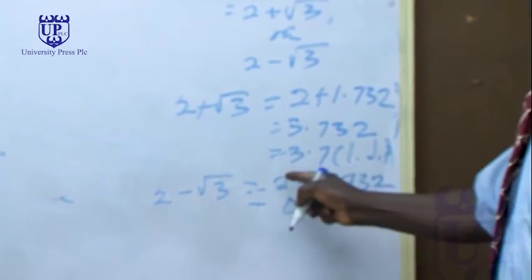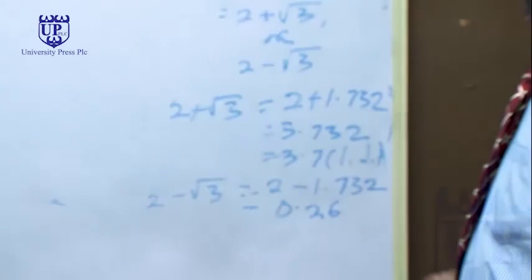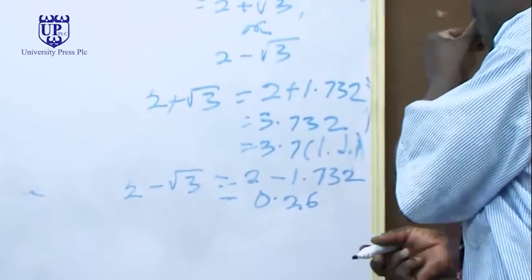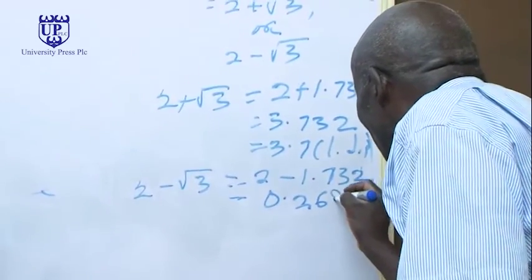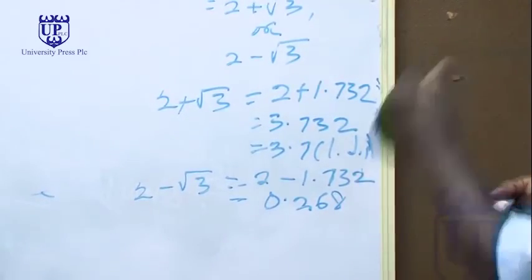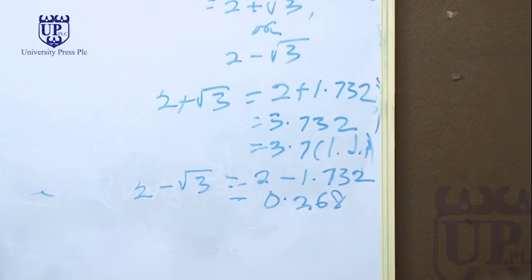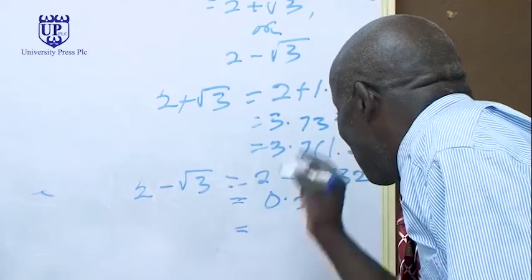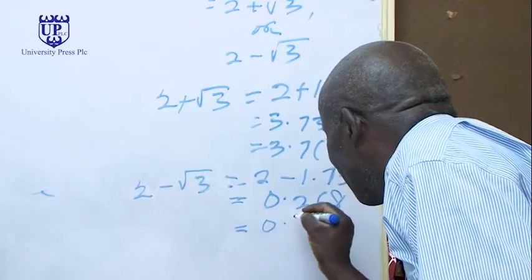If you subtract this from 2, that is 0.268. Now, to one decimal place, that is 0.3.